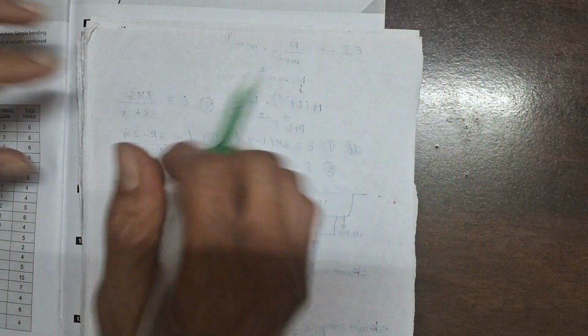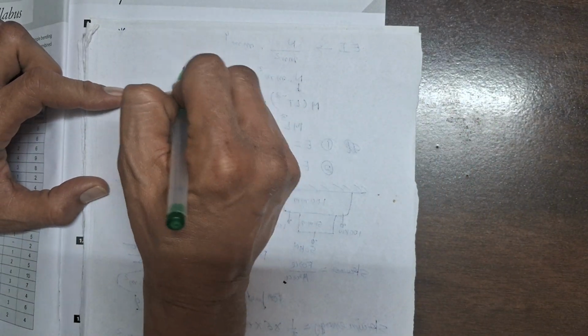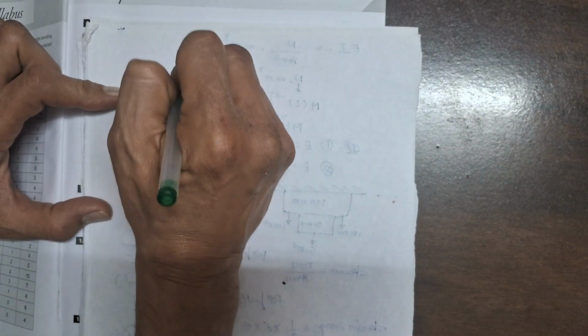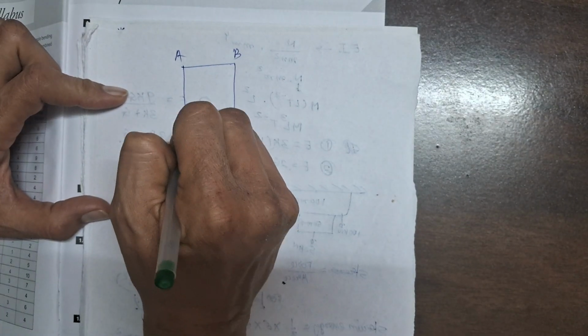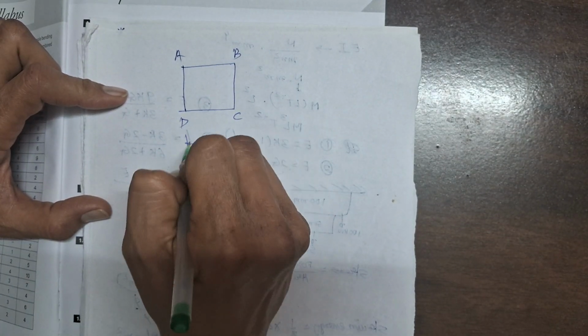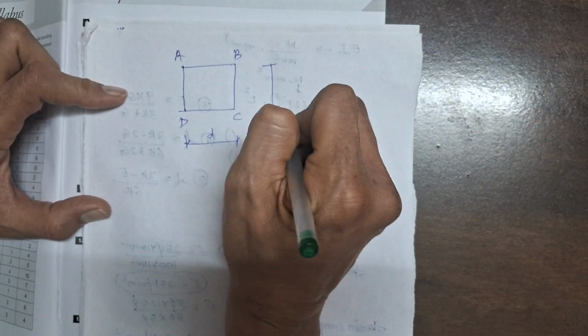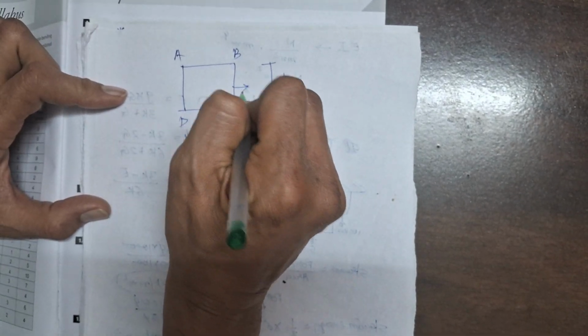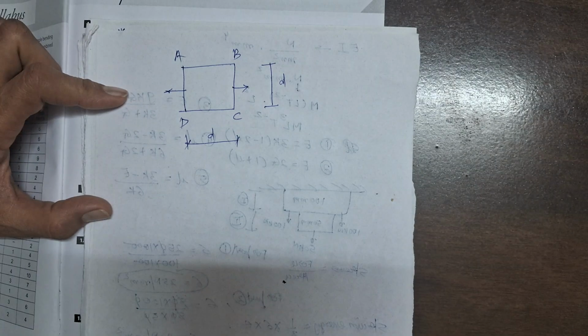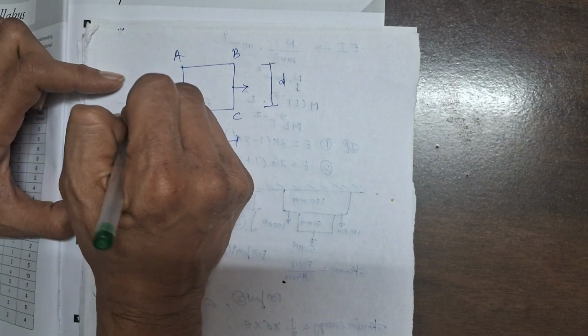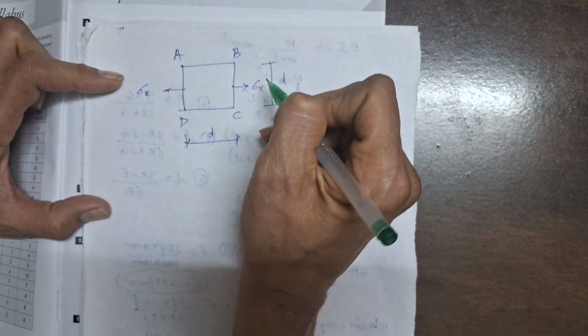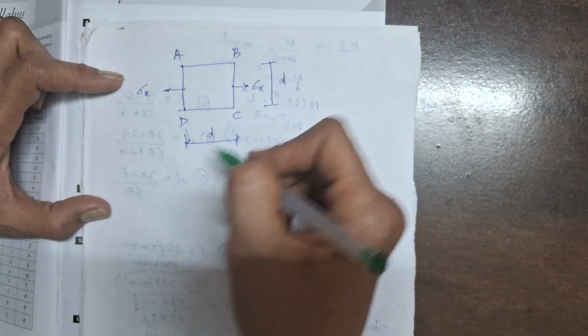How? See, here I am drawing one small block, you can see ABCD, and it is a square block. Suppose it is having direct tension, sigma x tensile forces, the major principal stress you can say.